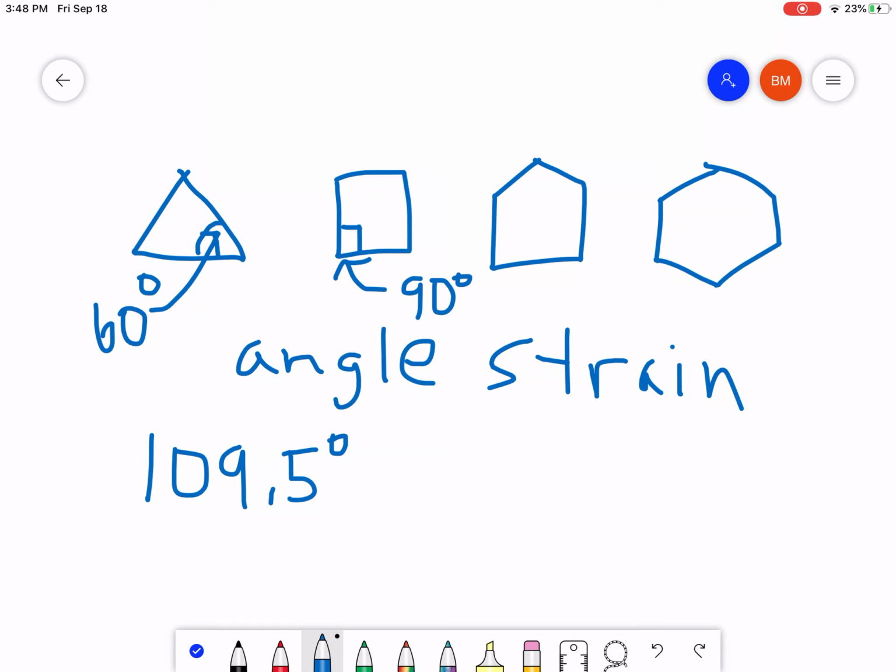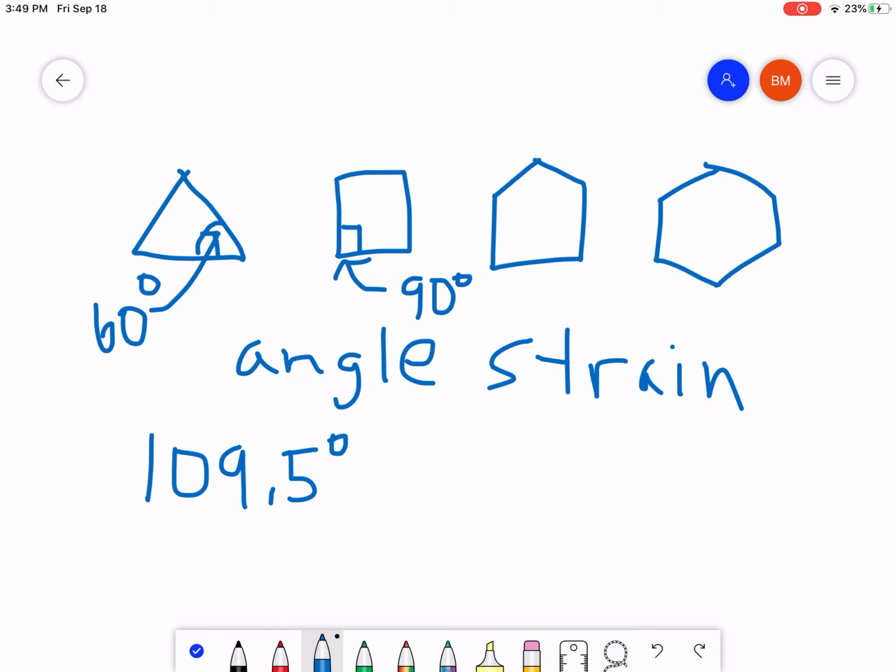Cyclopentane and cyclohexane are a little bit closer, but they're still not going to quite get to 109.5. The bigger the difference between the actual bond angle and the desired bond angle of 109.5, the more angle strain we have, and that makes the ring more and more unstable. The closer it is to 109.5, the more stable it is.